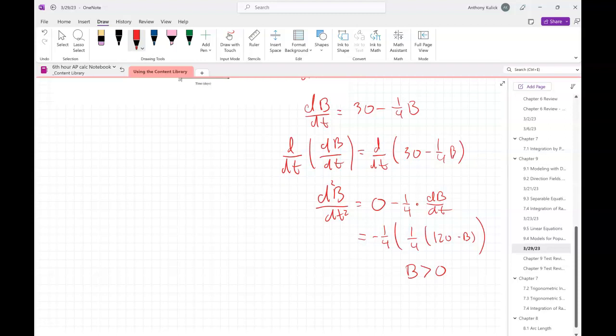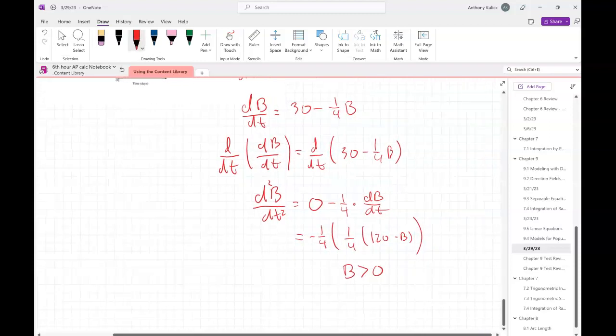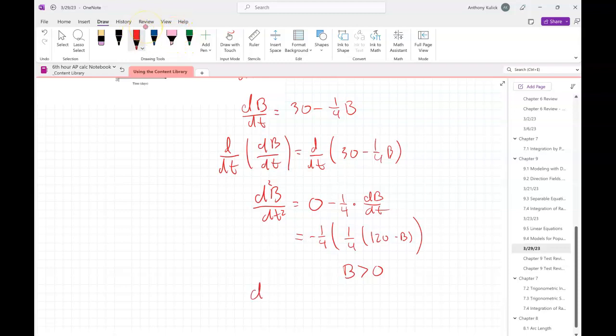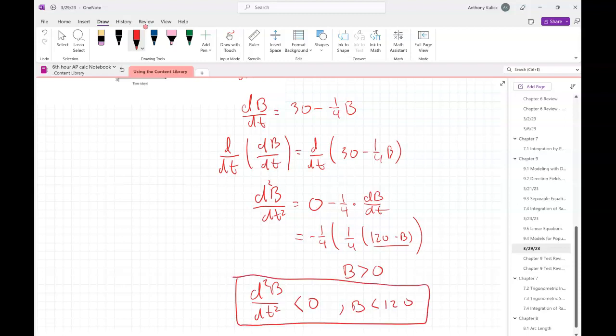No, that's fine. And specifically, I know that this, the second derivative, has got to be negative as long as b is less than 120, right? So this should be concave down as long as b is less than 120.